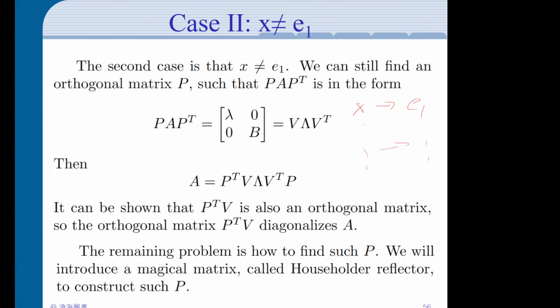So you can think about where E2, E3, up to En got mapped from. There is a lot of freedom because you only require X to map to E1. All those other things you can choose however you want, you just need to pick orthogonal ones.